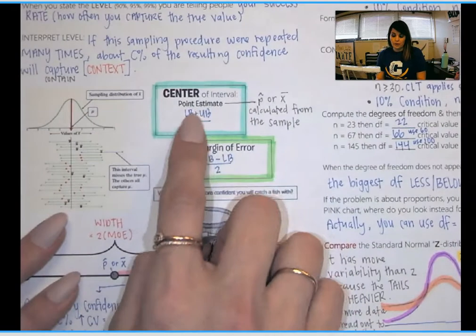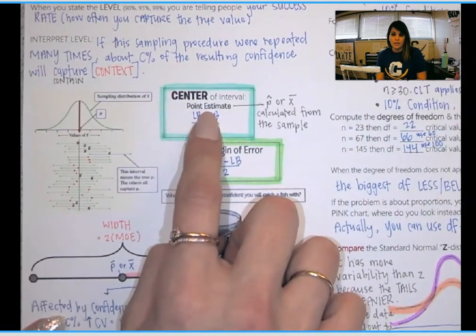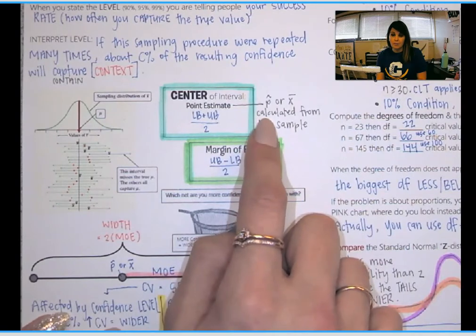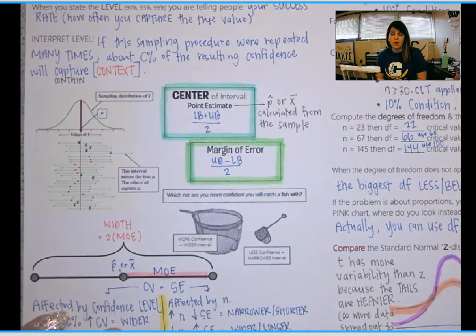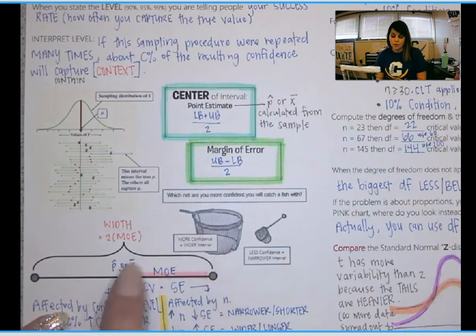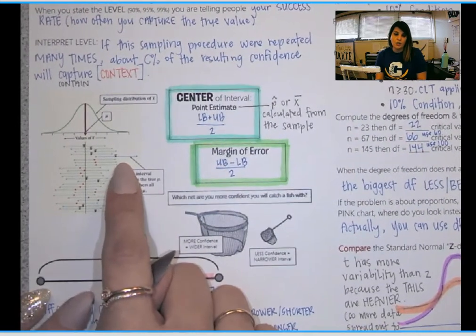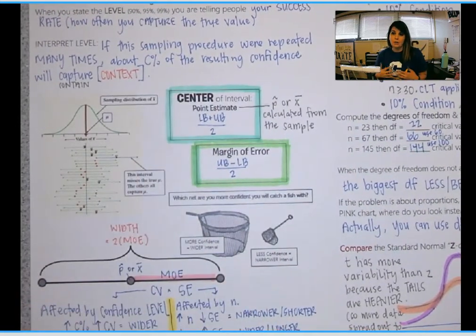One really important thing is that you know that your point estimate is what you're calculating from your sample, and it's what your confidence interval is based off of, so it's always the center of your confidence interval. This picture here is to remind you that when we are talking about a confidence level, we're literally talking about how many of our confidence intervals would capture the true value.